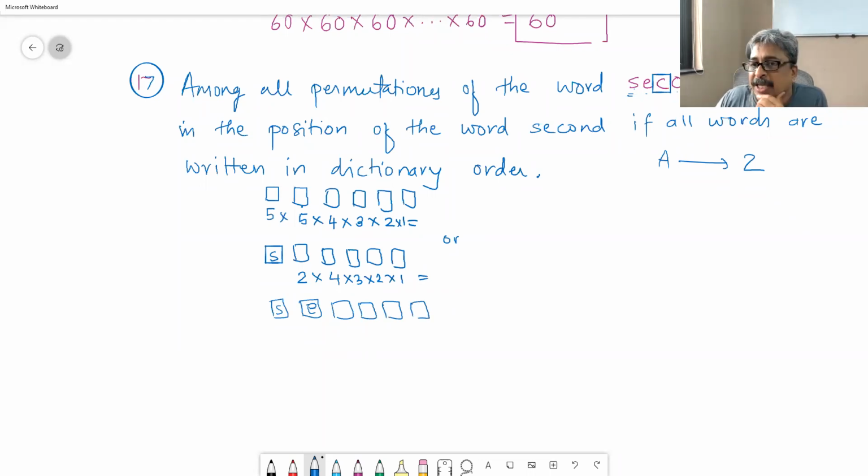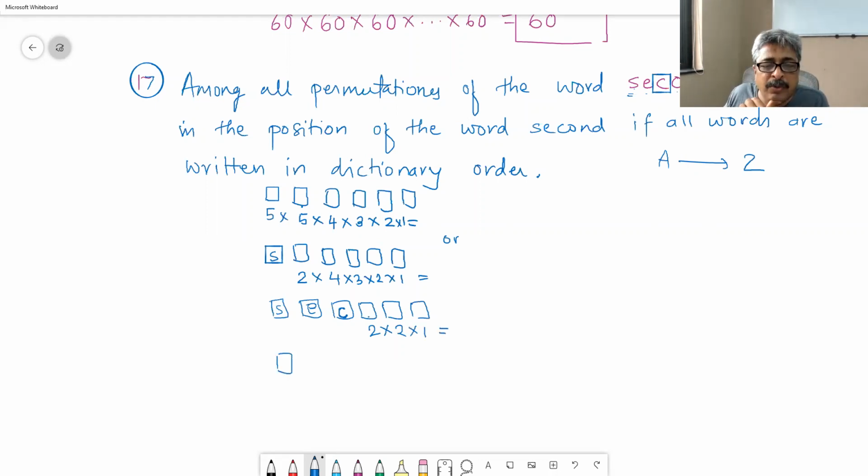Okay, if I want to put C, the letters remaining are O, N and D. All of these will come after C. So immediately I can put C here. Then C is over. O, we want O here, but N and D will come before O. So 2, and we are done with 4 letters, 2 into 1.